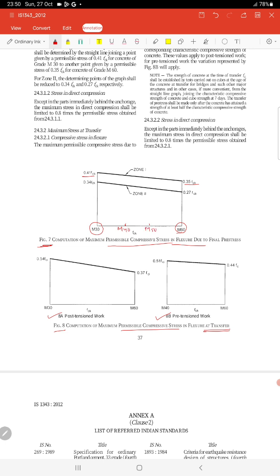so it may be here, this is M50, then it will be here. So if we draw here, we need this value.